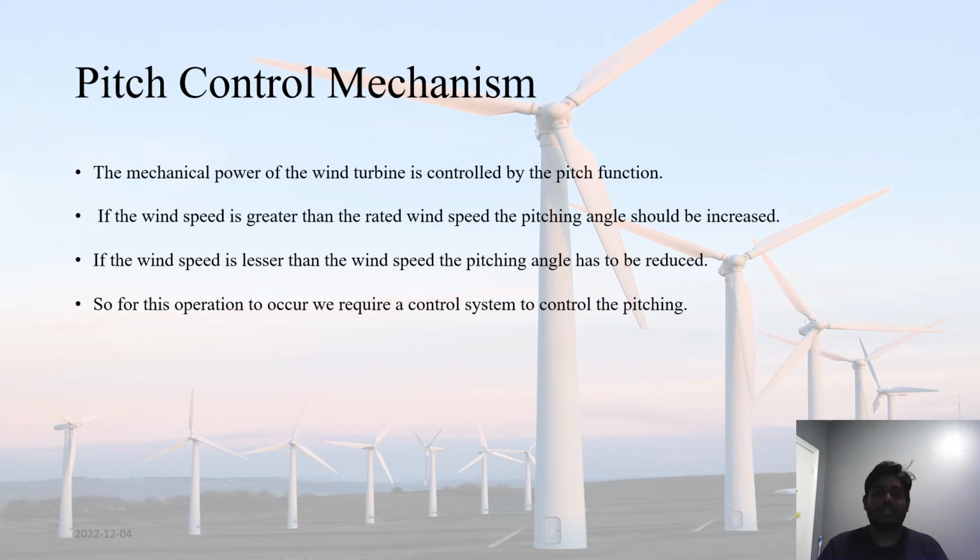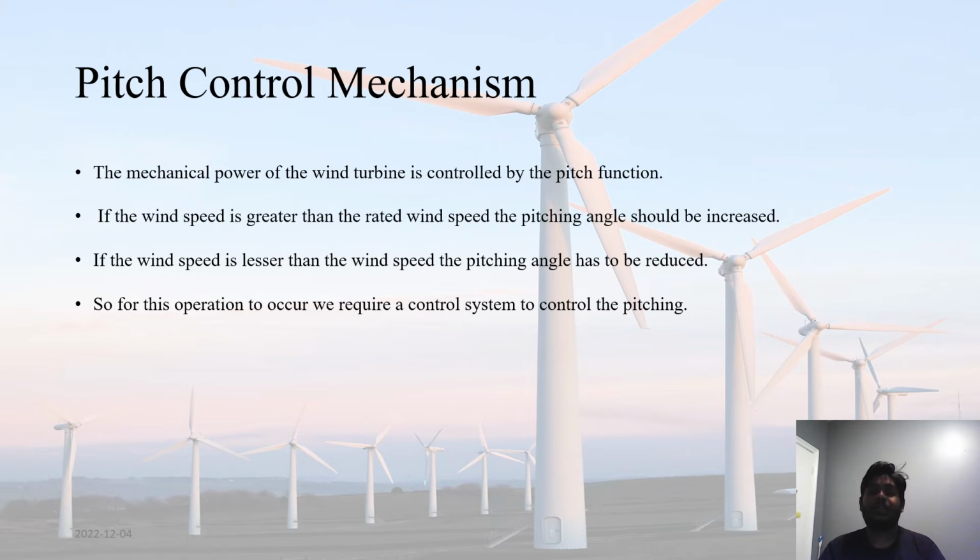Pitch control mechanism of a wind turbine. The mechanical power of a wind turbine is controlled by the pitch function. If the wind speed is greater than the rated wind speed, the pitching angle of the wind turbine is increased in order to reduce the wind speed to the rated value. And the vice versa condition is applied.